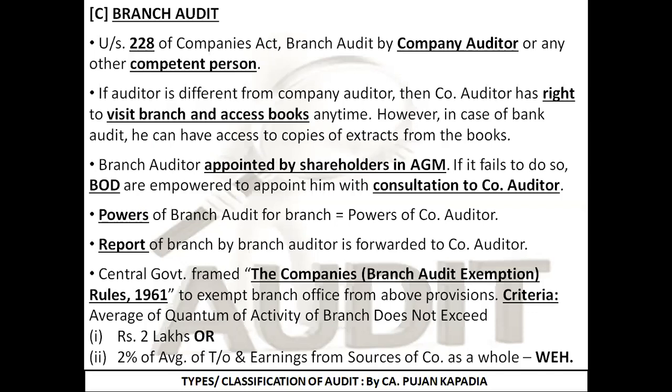The board of directors is competent to appoint any person as a branch auditor, but after consultation with the company auditor. As I have told you, Mr. X in our example, who is going to audit the entire company, is the supreme person. He has the highest authority as the auditor.